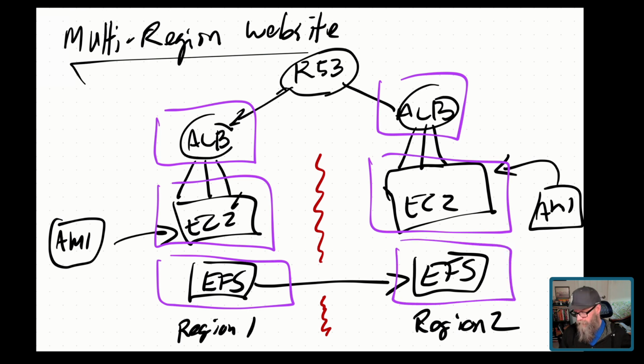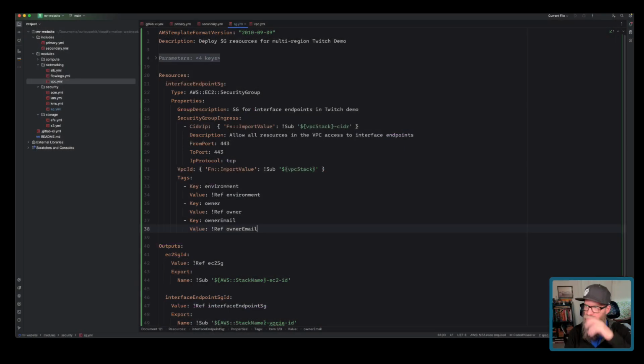So we need a security group for our load balancers. We need a security group for our web servers, which are our EC2 instances. And then we need a security group for our file system, our EFS file system. Okay, so we need 3 security groups, but we're going to create the extra one. We're going to create just the interface endpoint security group if we wanted to add some things later on. I don't really think we'll worry about interface endpoints for this demo, but we got them.